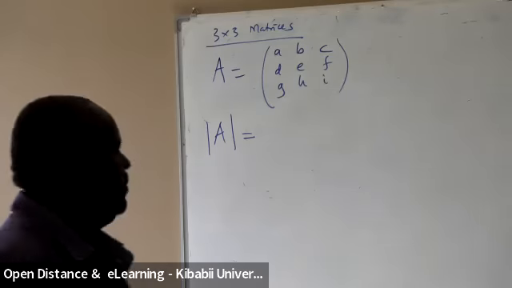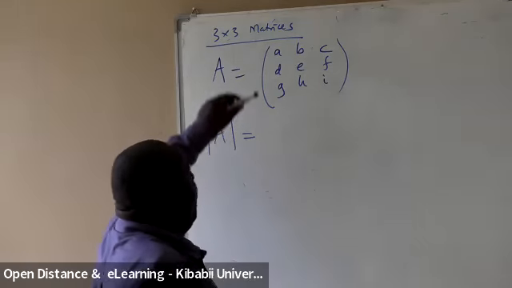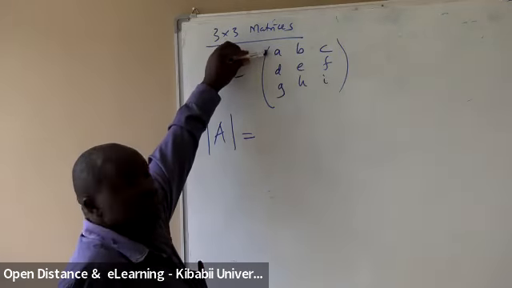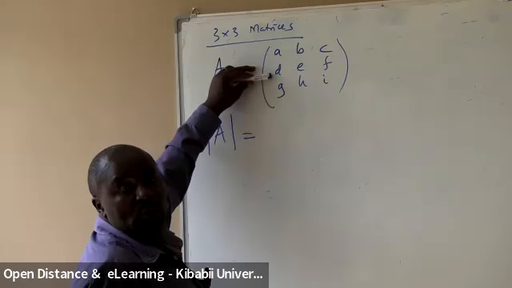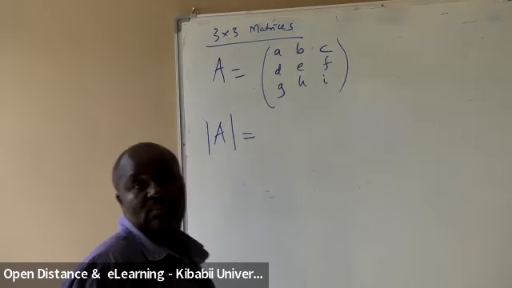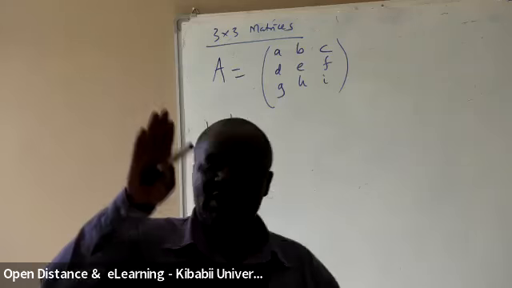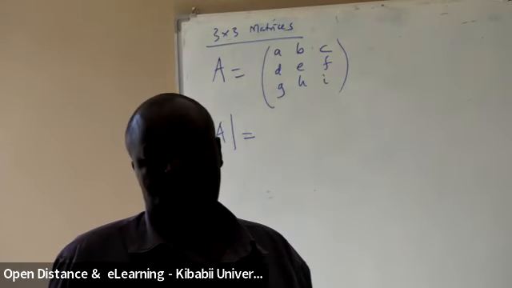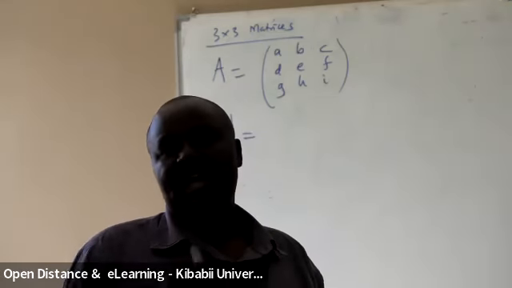How do we reduce? We can reduce by using row 1, row 2, or row 3. Any of those will give us the same result.